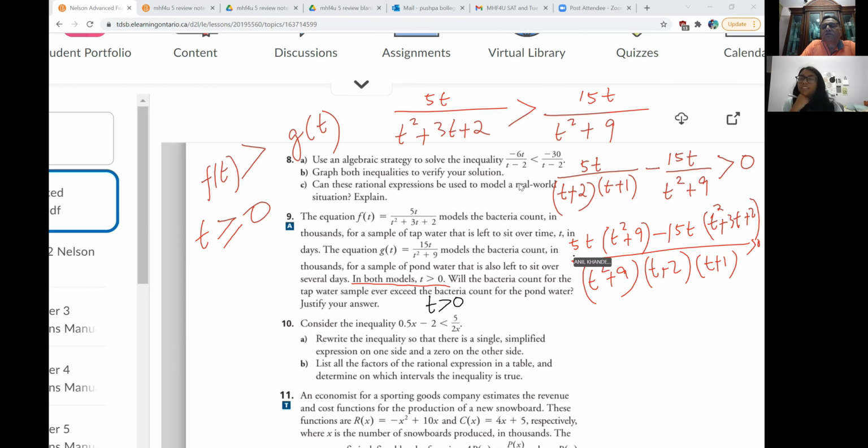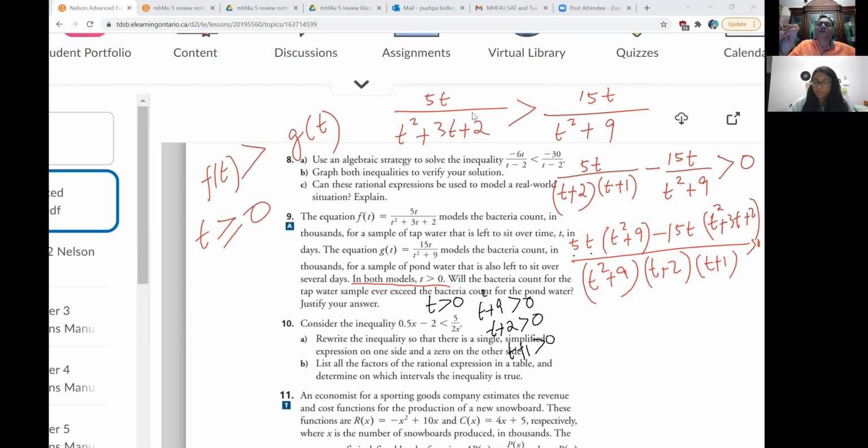Why are we doing that? We can also multiply by, see, if t is greater than 0, let's try to understand, in that case, t squared plus 9 is greater than 0, correct? T plus 2 is greater than 0. And t plus 1 is also greater than 0. Is that clear to you? So we can multiply, they are all positive numbers.